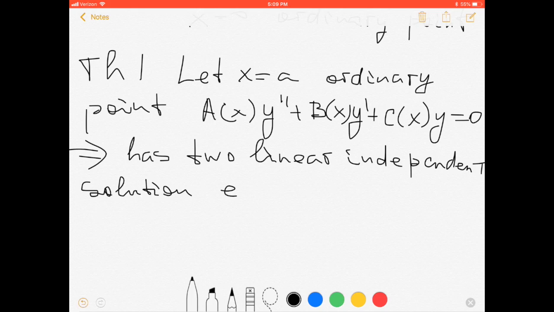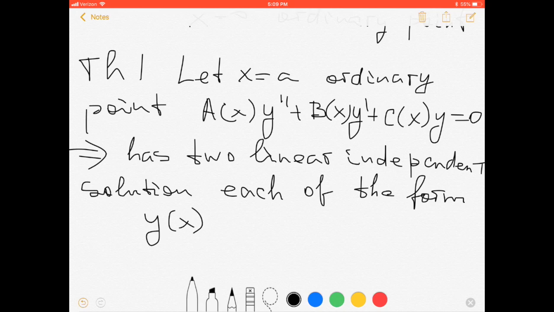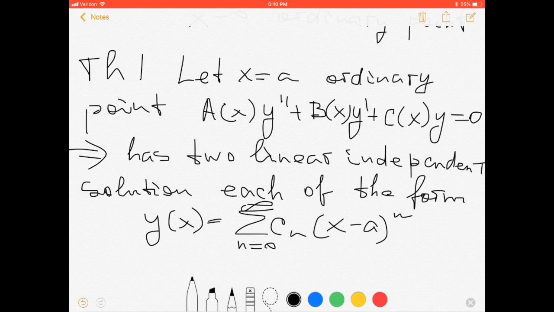Each of the form y(x) equals the power series sum of some coefficient c_n times (x minus a) to the power n, with n changing from 0 to infinity. Okay, let's see an example and look at how we can use this theorem and solve it.